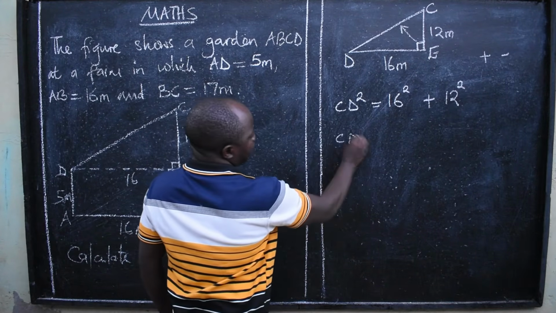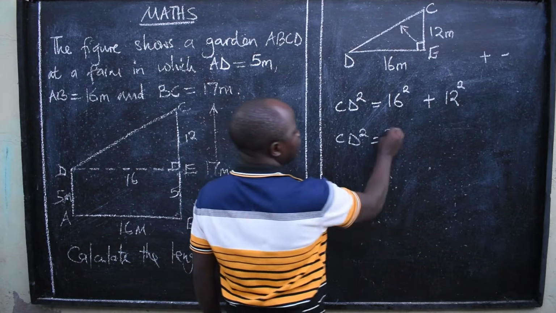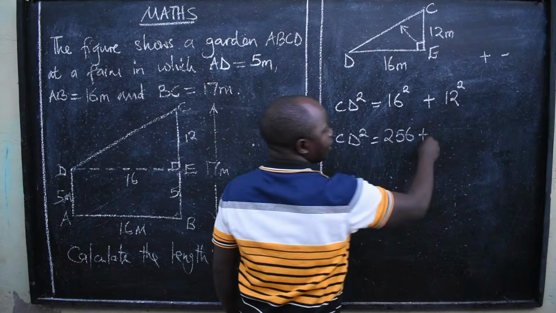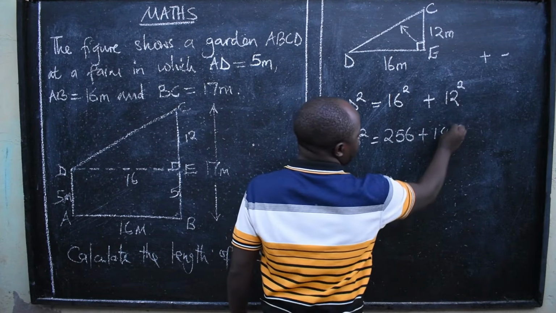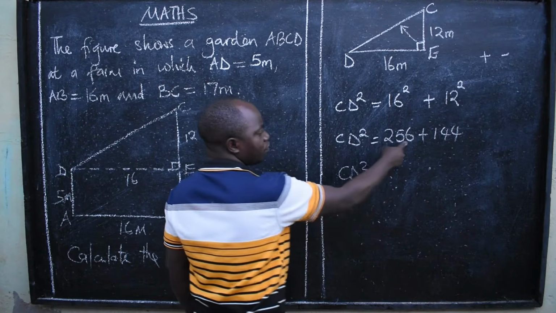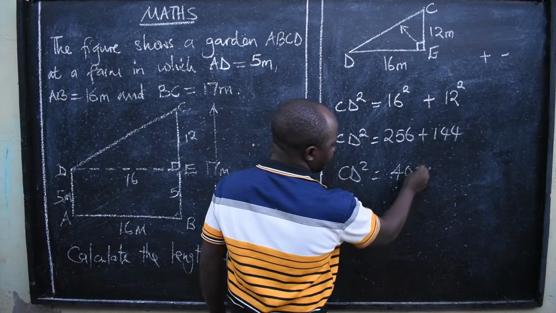Then CD squared is equal to 16 squared, that will give us 256. Then 12 squared, that is 12 times 12, will give us 144. Then CD squared will be equal to 256 plus 144, and you should be able to get 400.